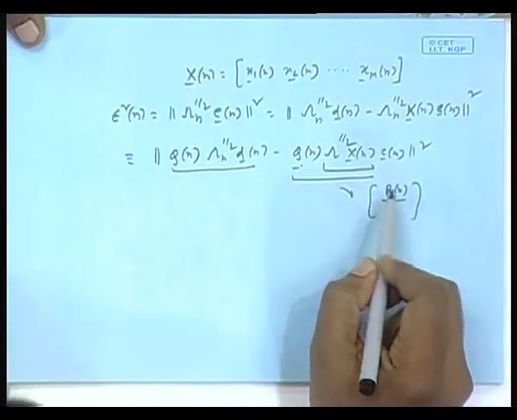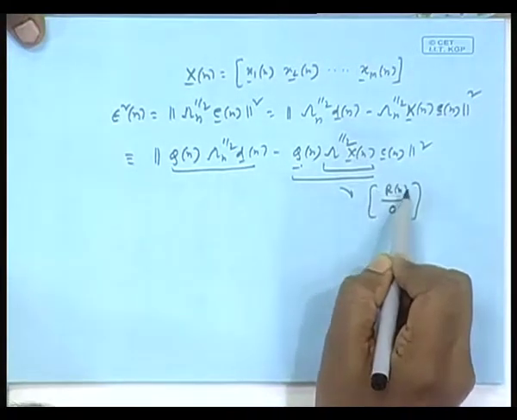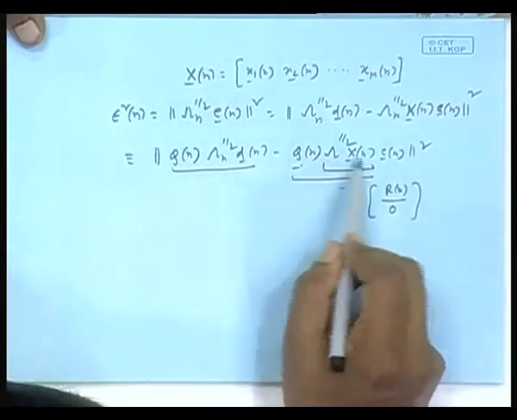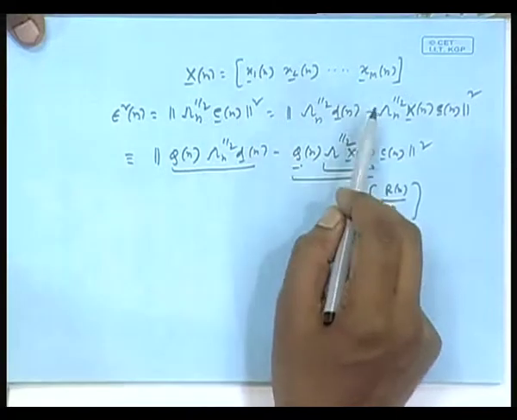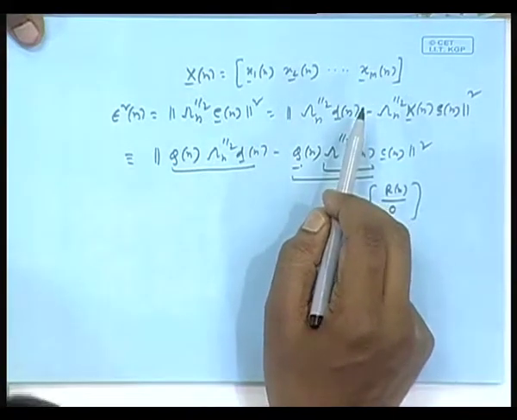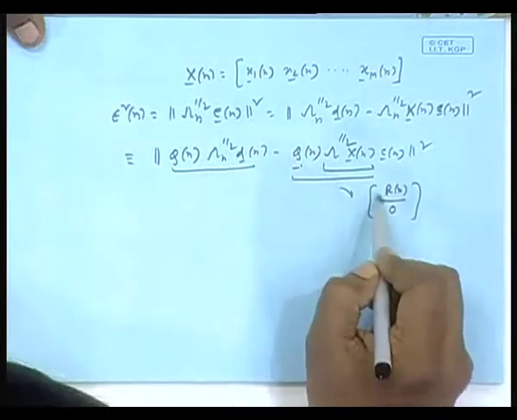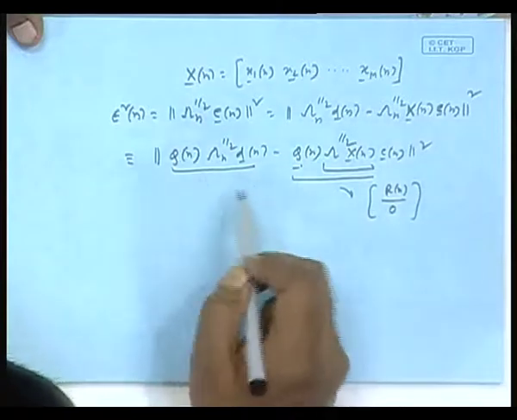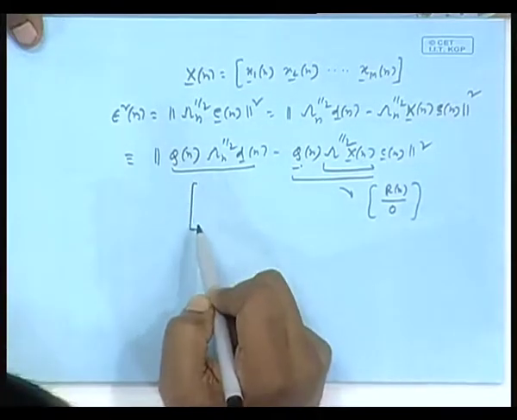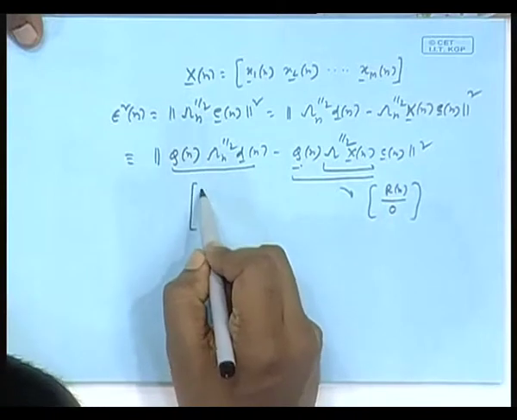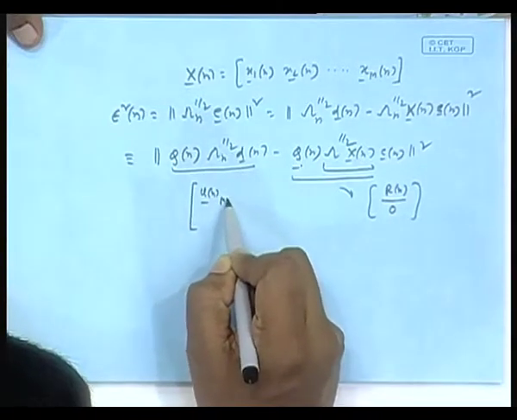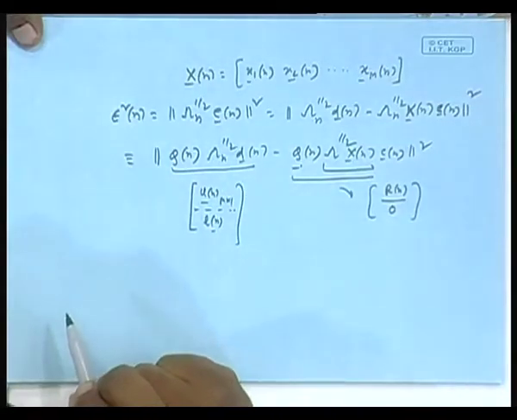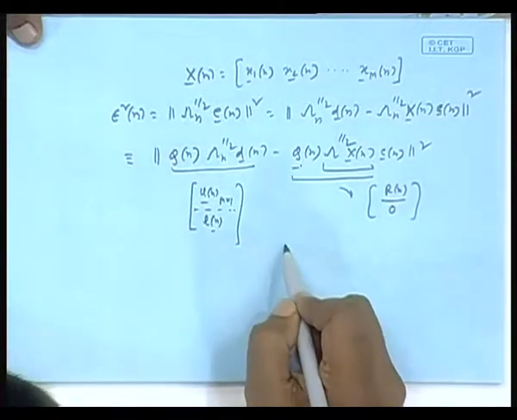R n will be a perfectly upper triangular matrix with non-zero diagonal entries, that is invertible, if this matrix has linearly independent columns. So Q n will be perfectly unitary and R n will have non-zero diagonal entries and be invertible. This into C n, and for this vector we consider the upper half and give it a name, U n, which is m cross 1, and the lower half whatever be the dimension.